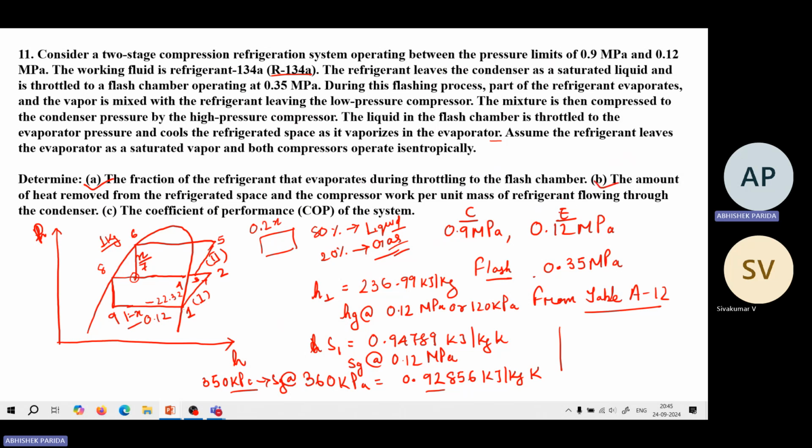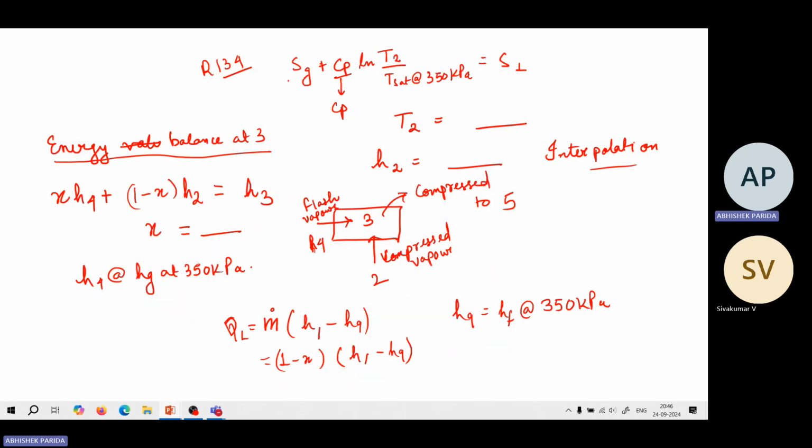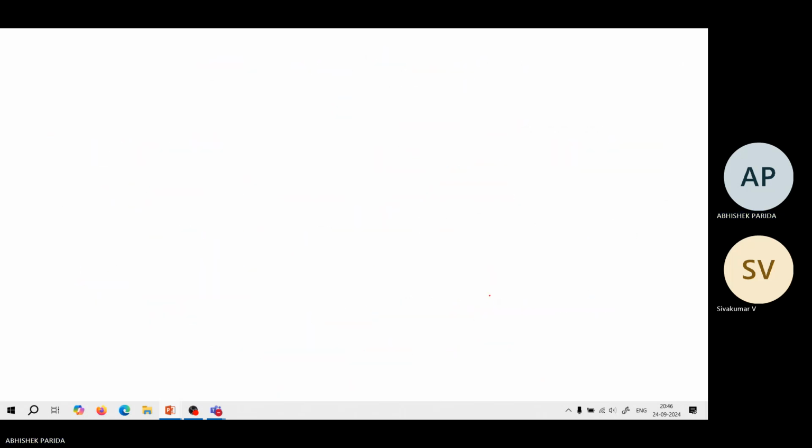Then the next thing comes COP. For COP, you need to find out the work input. So the same procedure as we found T2, find out T5. How? You have to equate S3 equal to S5.